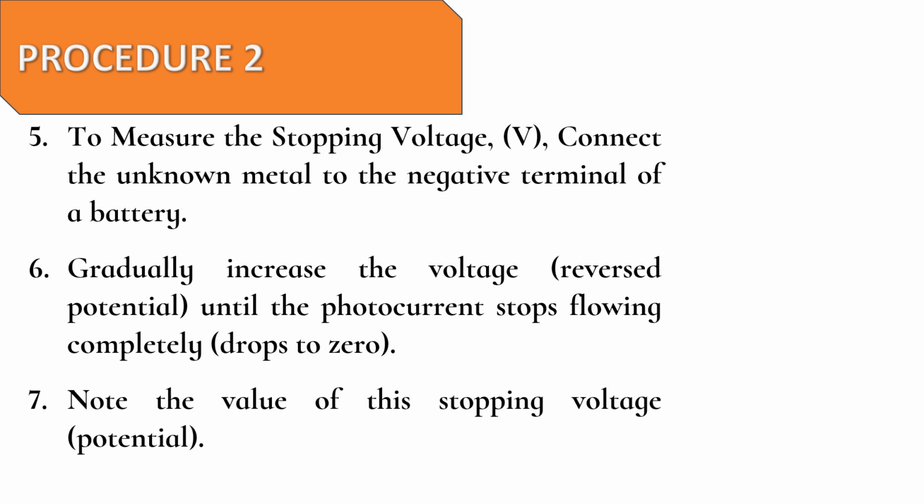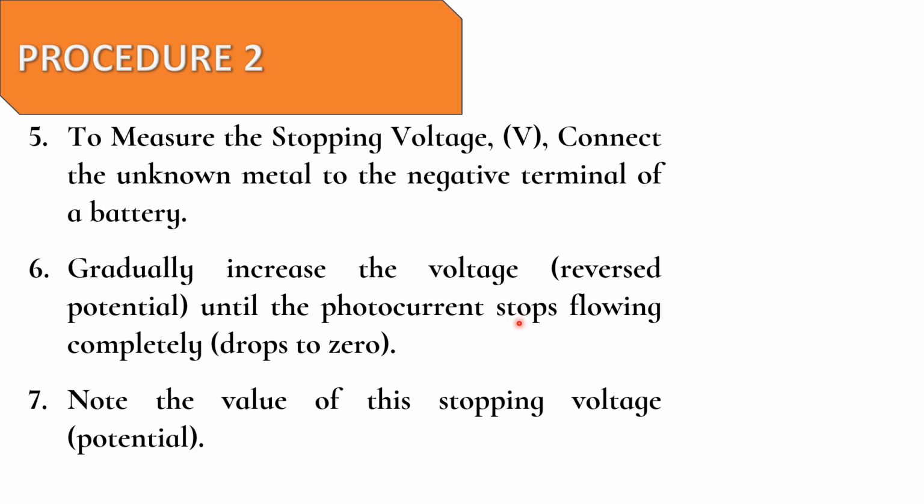How do you achieve that? Gradually increase the voltage in reverse potential. By reversing the battery backward, you will see that the polarity will shift, until the photocurrent stops flowing completely and drops to 0.